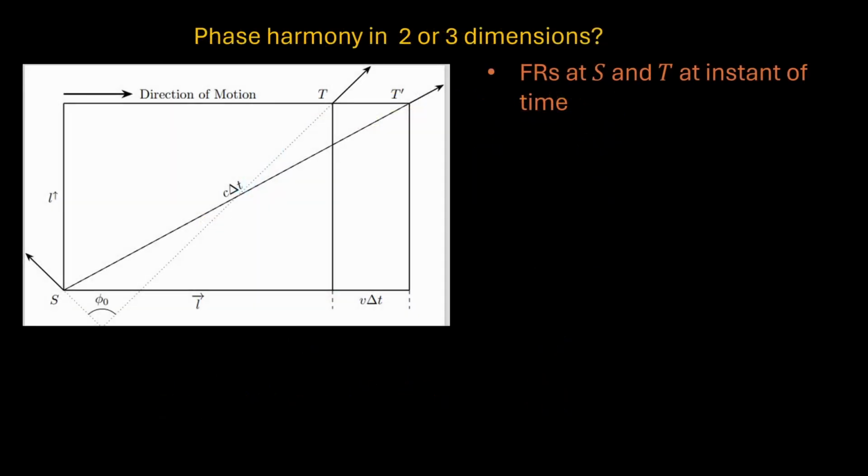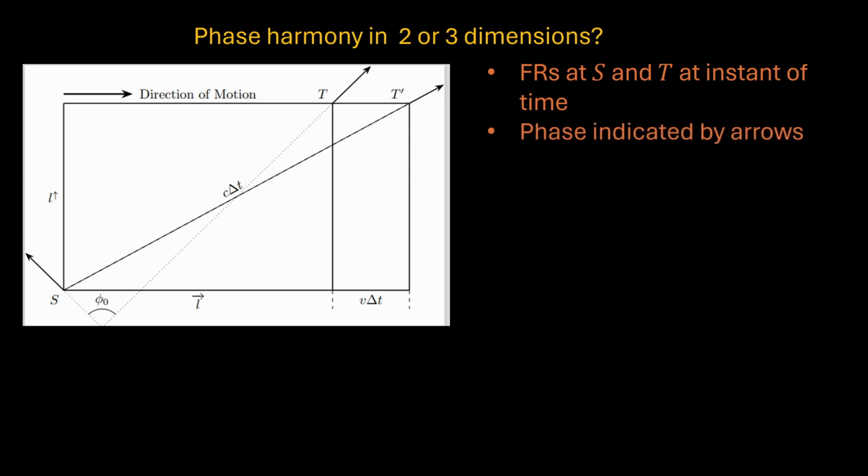To do the necessary calculations for 2 or 3 dimensions, let's look at a completely general setup, by which I mean FRs not arranged in any particular locations, such as a grid. Put 2 FRs at S for source and T for target at a single instant of time.